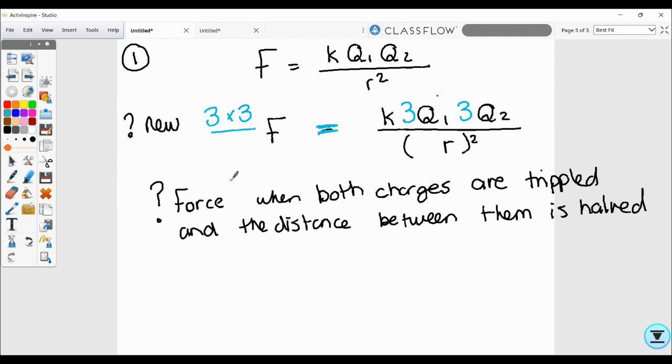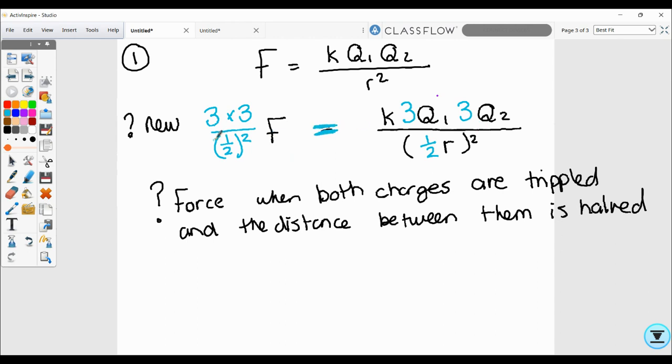Is R still R? No, it's now a half R. So what did I add here? I added a half in a squared bracket. Because it's an equal sign, whatever you do on the left, you must do on the right.